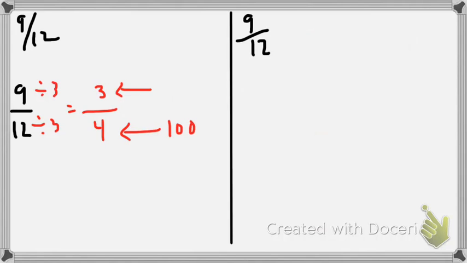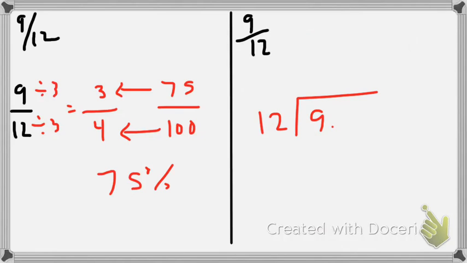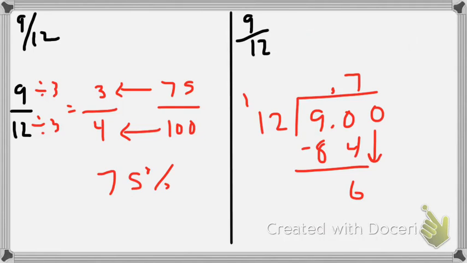And you have 3/4, that's 75 out of 100, so that is 75%. Or you can do it by dividing 9 divided by 12. And 12 into 60 goes 5. And you get 75%.